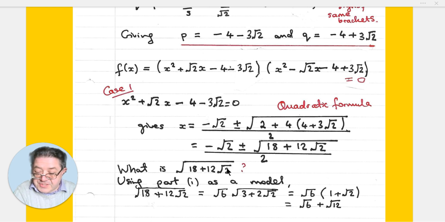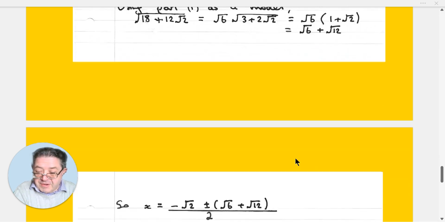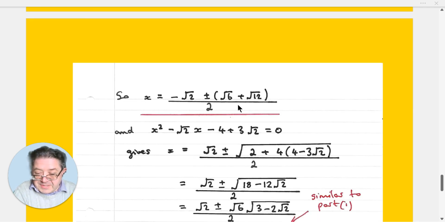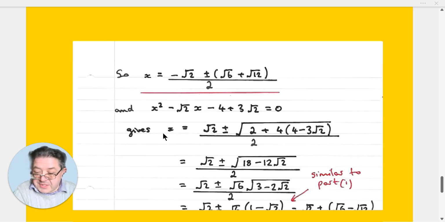Take out root 6, we get root 6 times root of 3 plus 2 root 2, which is something we did in part 1 of the question and got 1 plus root 2. So here we have root 6 plus root 12, and our final values are x equals minus root 2 plus or minus root 6 add root 12 over 2. That doesn't particularly simplify.